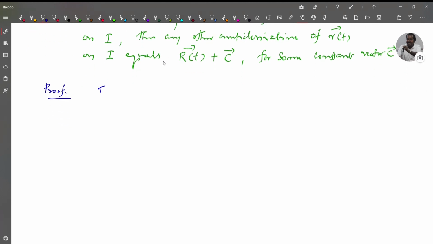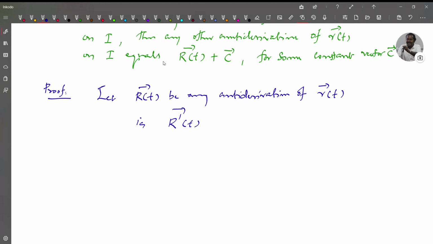Let R of t be any antiderivative of r of t. That is, R prime of t equals r of t.